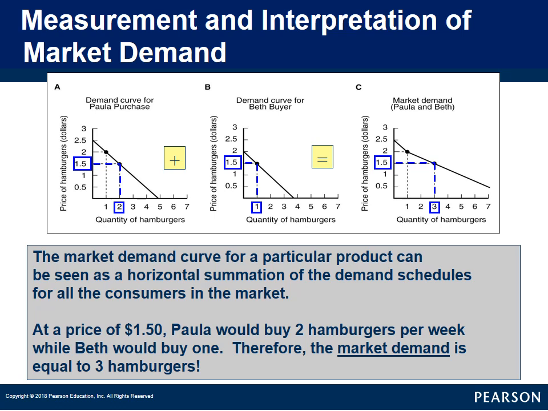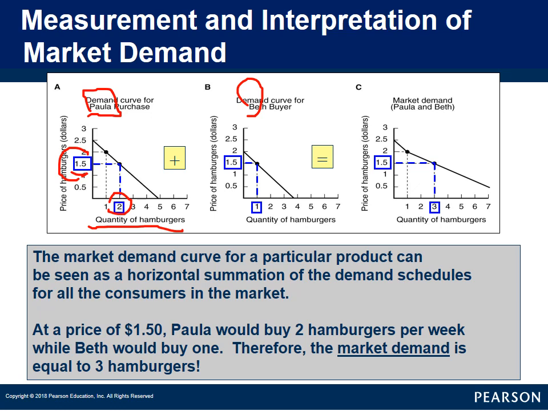This slide cleanly exemplifies the similar concept that we just worked through in the previous few slides. So similar concept here, we're looking at the quantity of hamburgers along the bottom for a specific person, Paula in this case. She demands 2 hamburgers when the price is $1.50. We have another buyer over here, Beth.